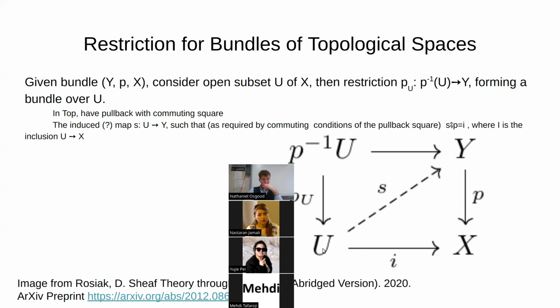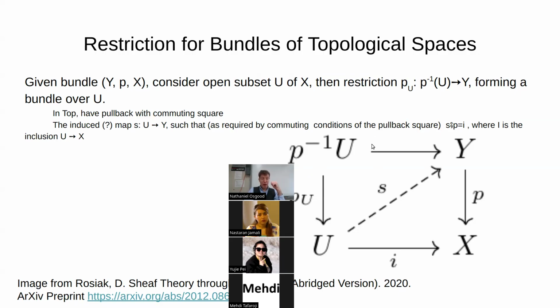This is like the inclusion of U in X. U is an open subset of X. So this is a monomorphism. This too is a monomorphism. This is a pullback square, in case you don't recognize it. A pullback square. This is a monomorphism. And we can pull this back to operate on this.